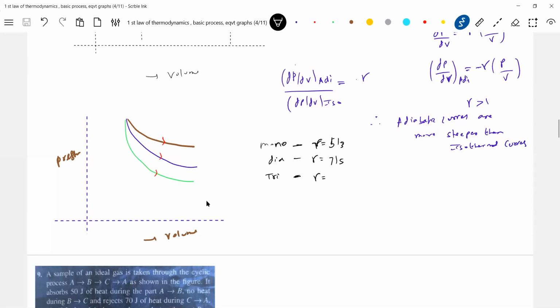CV is 6, CP will be 7. Shall I write it? All of you okay? This one, gamma, CP by CV. No response from anybody? 4 by 3, sir. Sorry, this will be 4 by 3, no? Tell me which gamma will be more? Gamma for monatomic gas will be more than diatomic.